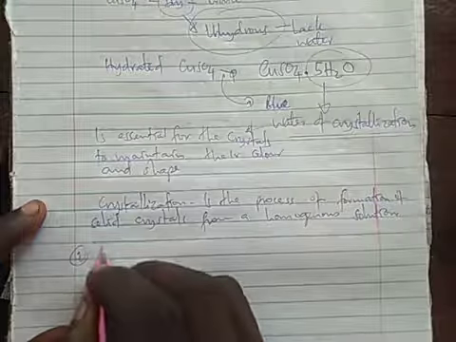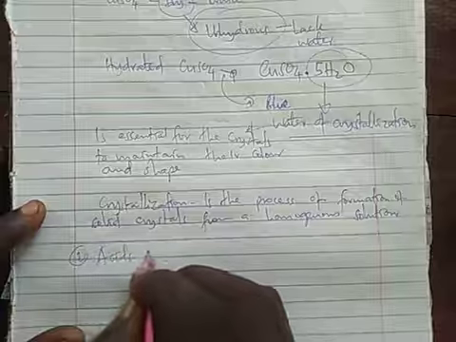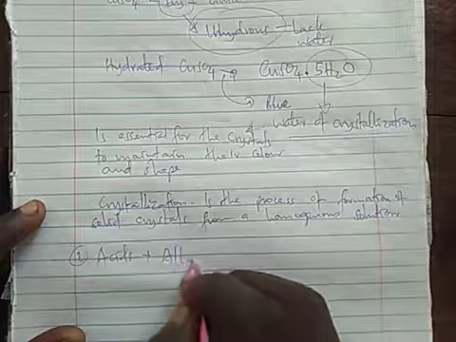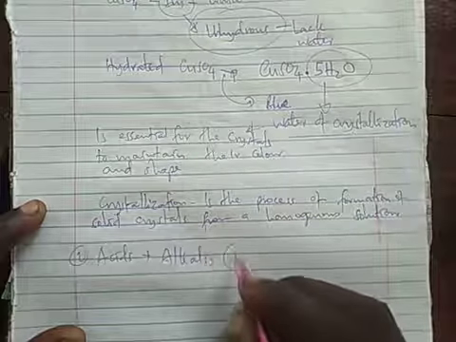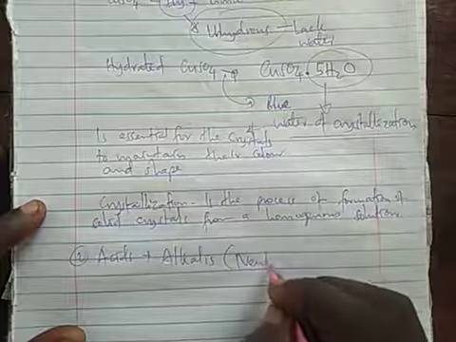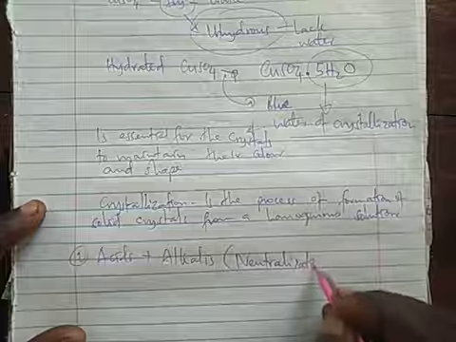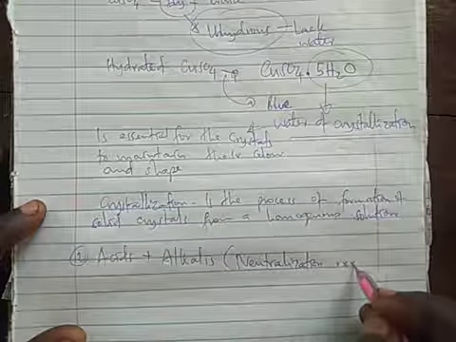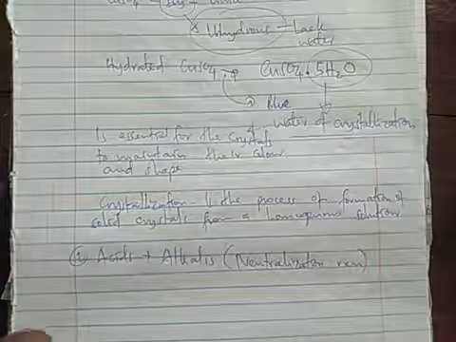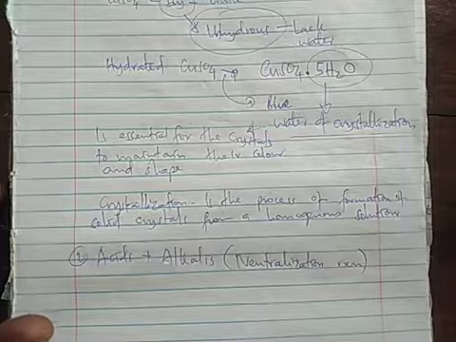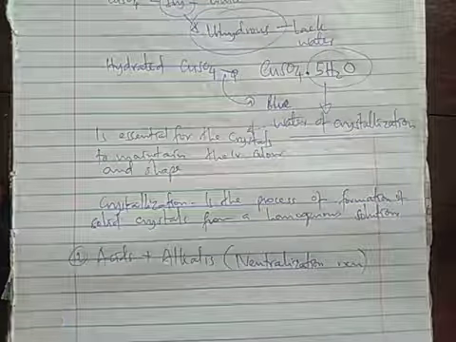Let's go to the second method of preparing salt: the reaction of acids with alkalis. We call this reaction a neutralization reaction, and we already discussed neutralization reactions in detail.